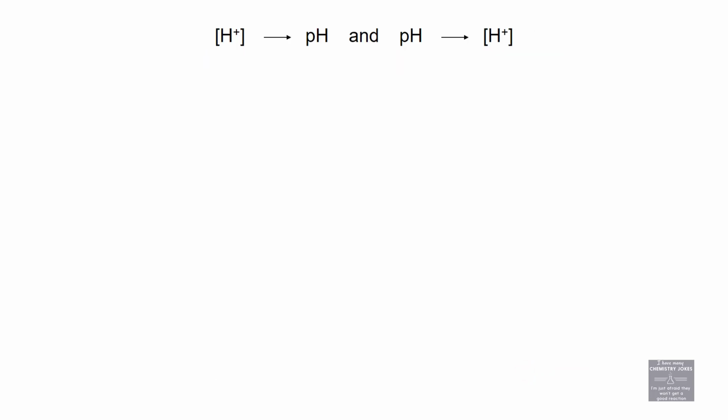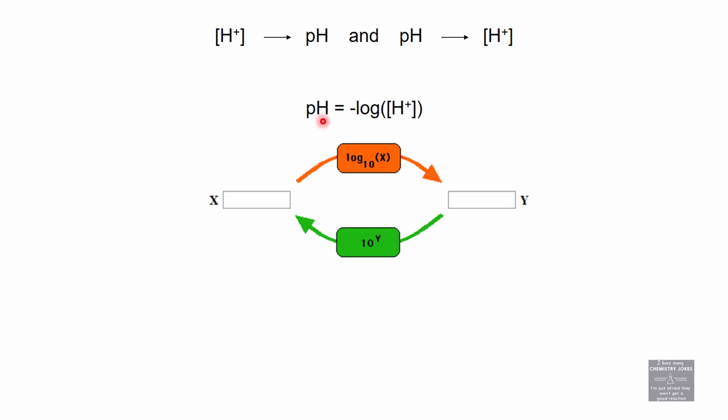Okay. So we know to convert from an H plus concentration to a pH, we negative log. But what if you have a pH? How do you find H plus concentration? Well, if you have H plus, negative log the H plus, you get a pH. If you have a pH and you want an H plus, 10 to the negative pH. What do I mean by that?